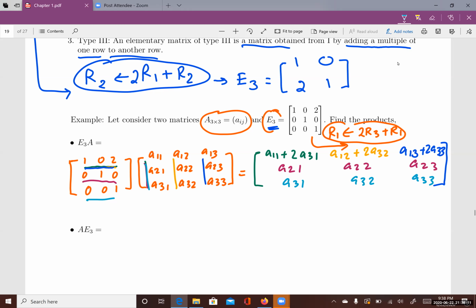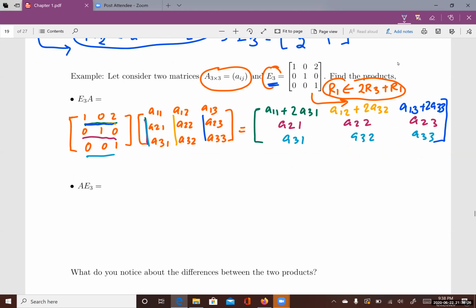Now, because we know that matrix multiplication is not commutative, that means E3A could be different compared to A times E3. Let's try it. Now I have A is A11, A12, A13, A21, A22, A23, A31, A32, A33.